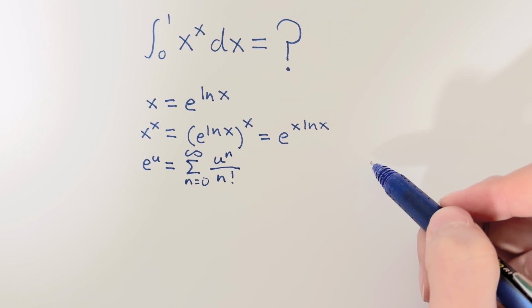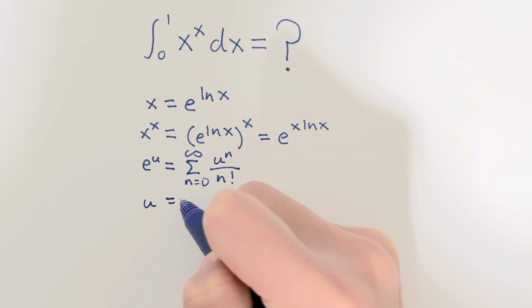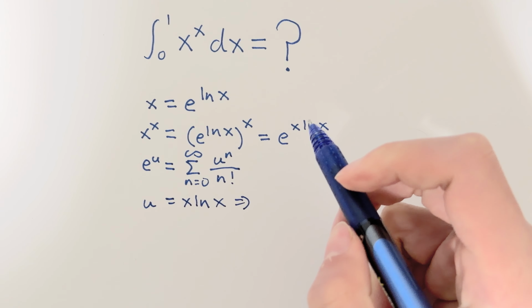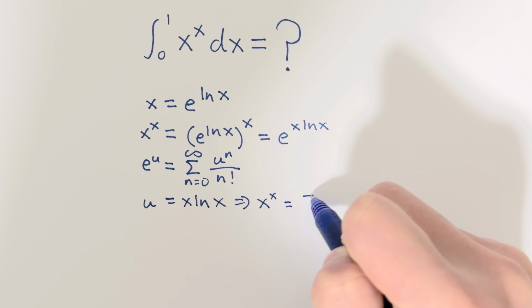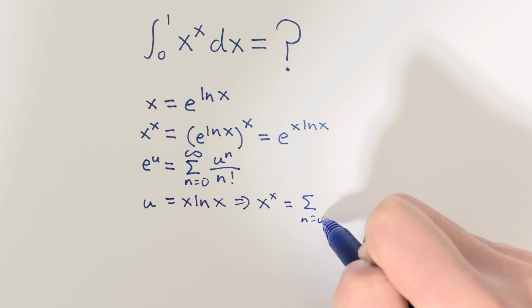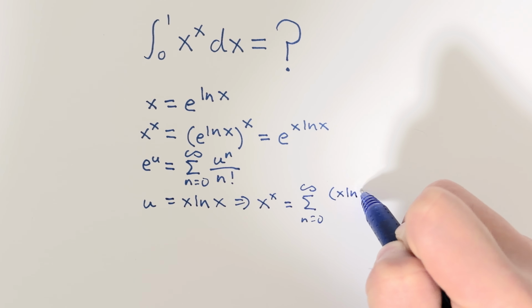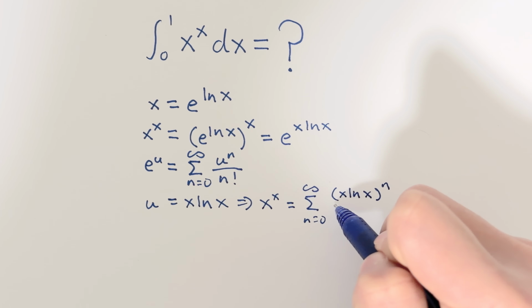Plugging in u equals x ln x, we'll have x to the power of x equals the summation n equals 0 to infinity of x ln x to the power of n divided by n factorial.